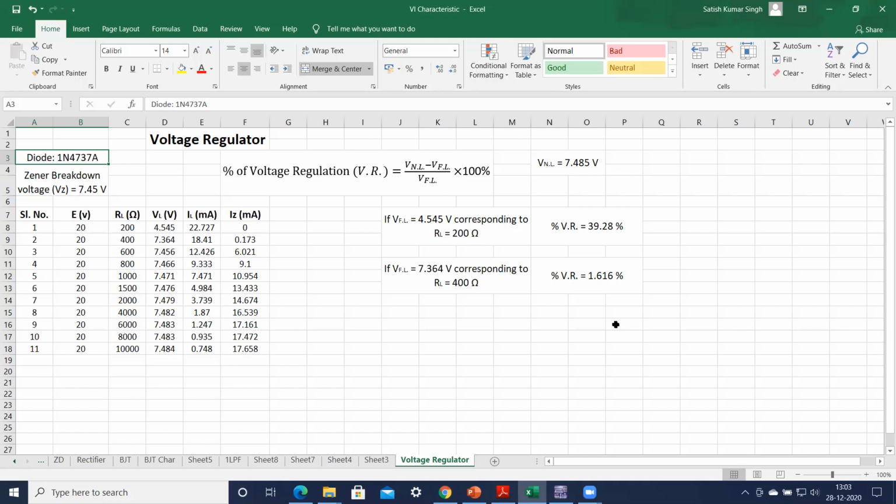I hope how to calculate the percentage voltage regulation, and how to perform this voltage regulator experiment, is clear. So try to conduct this experiment on your own. I hope you will be able to do it.